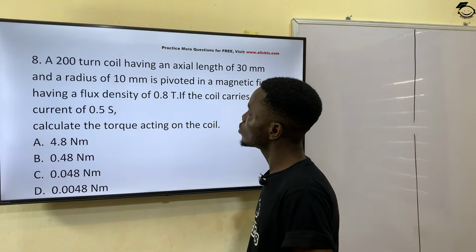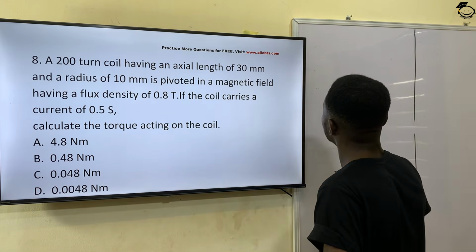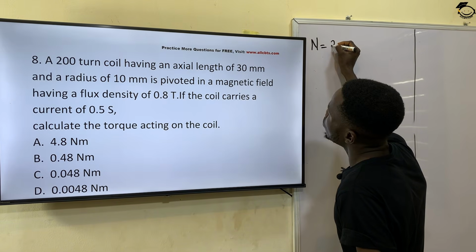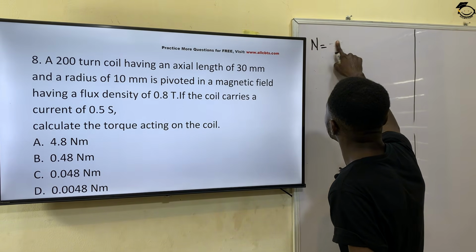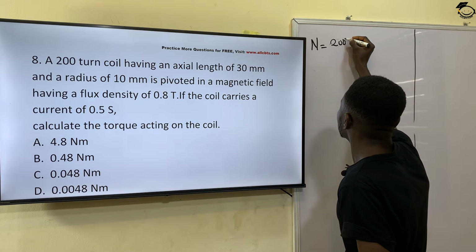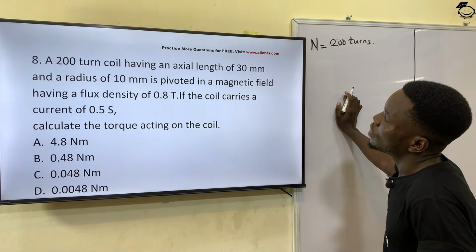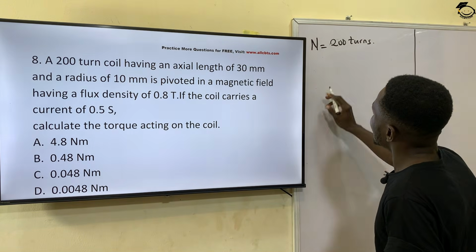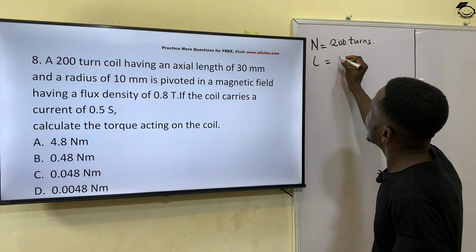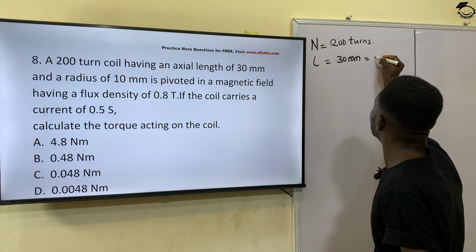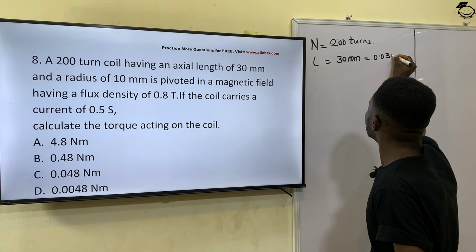Moving on to the next question, which is question number 8. It says a 200-turn coil. So we have the number of turns to be 200 turns. Having an axial length of 30 millimeters, which is the same thing as saying I have 0.03 meters.